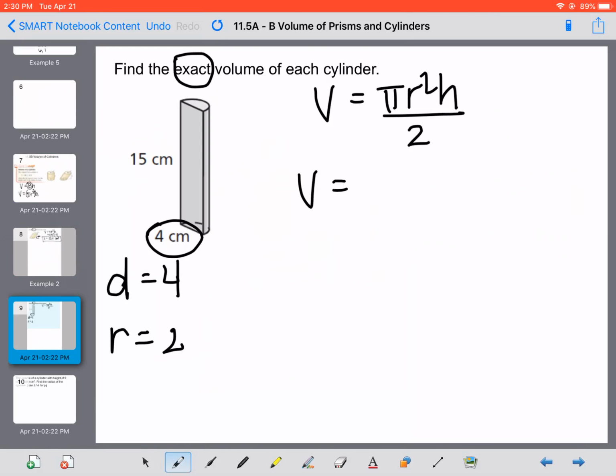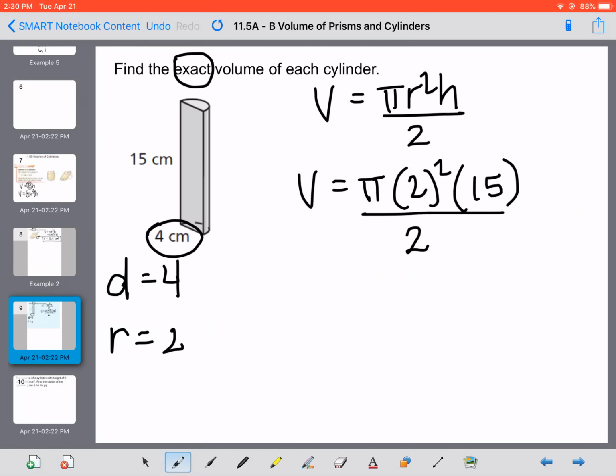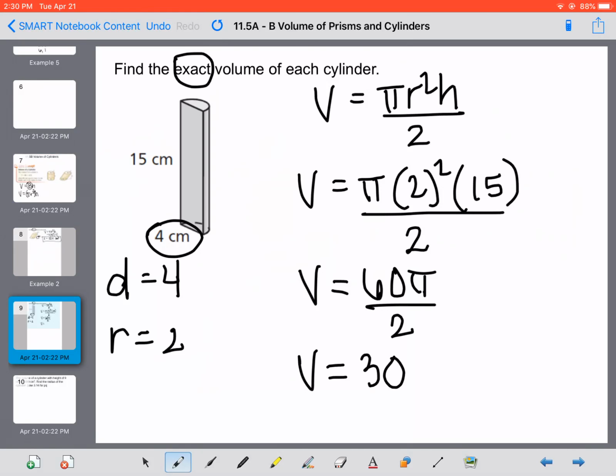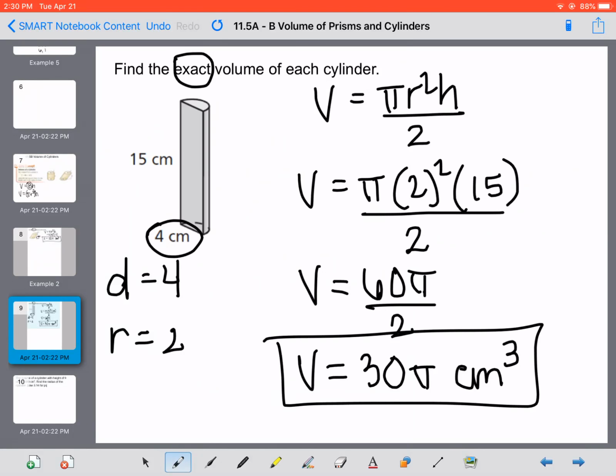So I'm going to have volume is pi times 2 squared times my height of 15, but then that has to be divided by 2. Well, when I take 2 squared times 15, I get 60 pi divided by 2, and 60 divided by 2 is 30. So 30 pi, and then I have centimeters cubed. And there is your exact volume in terms of pi.